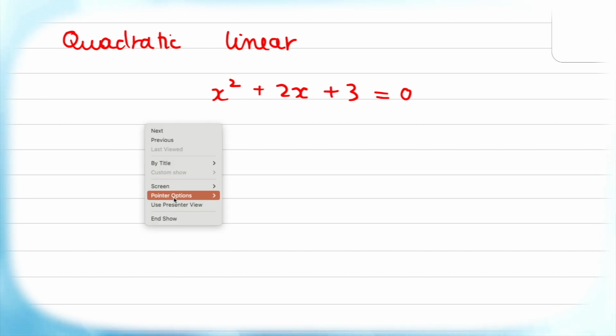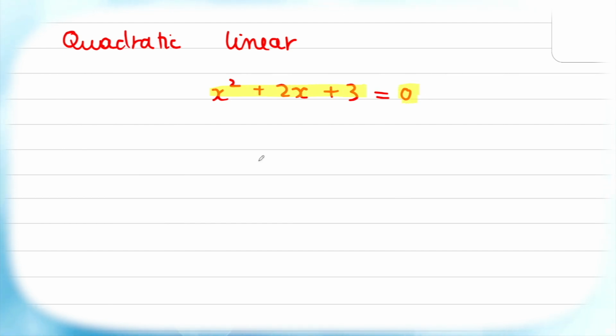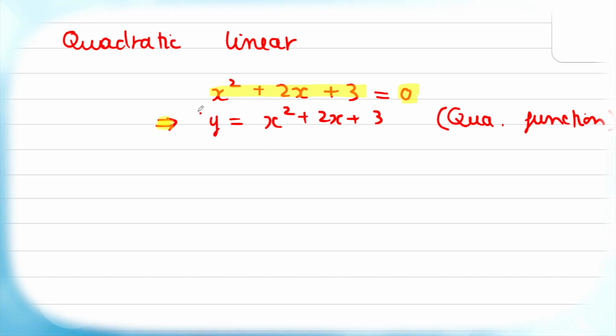You can see that on the left hand side we have the quadratic expression, and on the right hand side you have only 0. From here, if I combine it with y, you will get y equal to x squared plus 2x plus 3, which we call a quadratic function, and the other one will be y equal to 0.